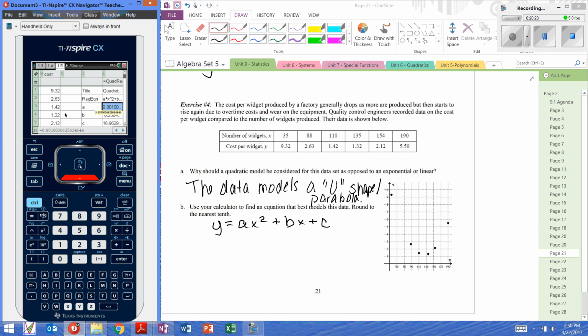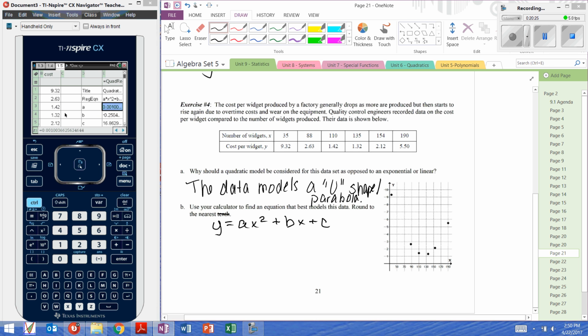And what we actually have to do here in this problem, we're going to change this to thousandth, because if we don't round to the nearest thousandth, we are going to get a 0 as a leading coefficient, and that would not make this a quadratic, and that would be really bad. We get a linear function.